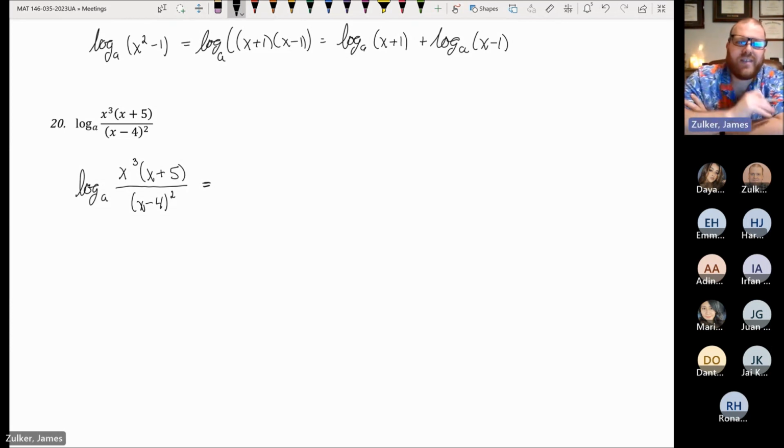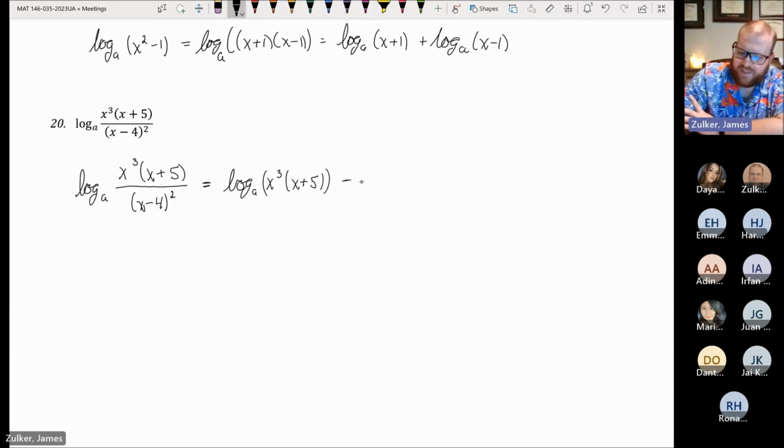I'm going to take this one step at a time. First thing we notice, it's a quotient, which makes it the difference of the logs.